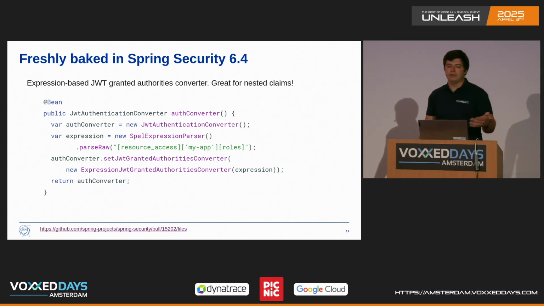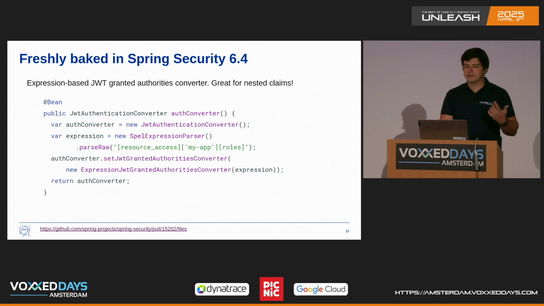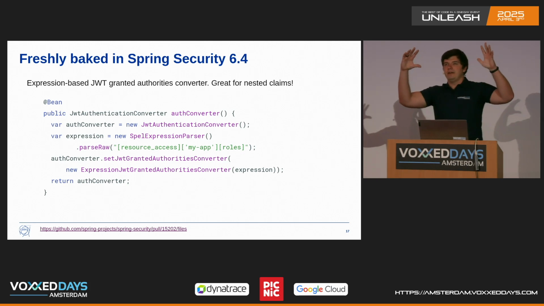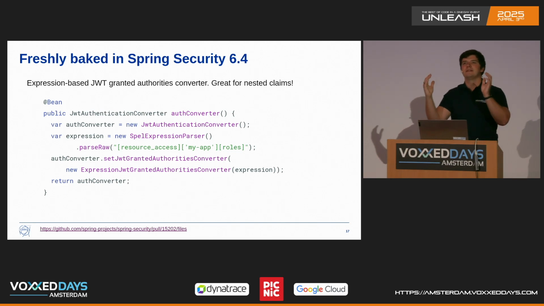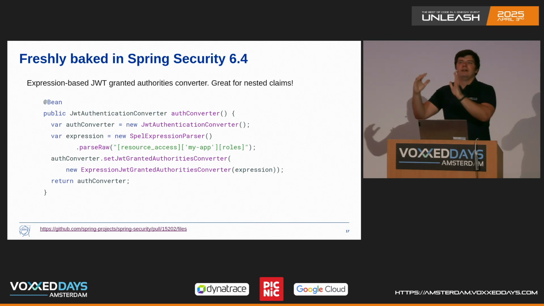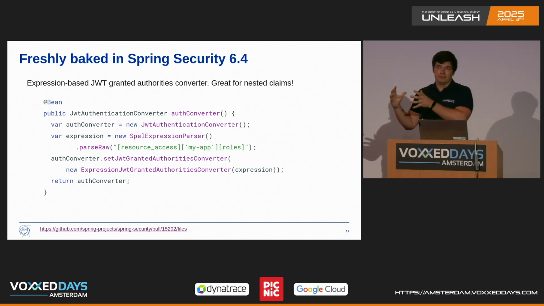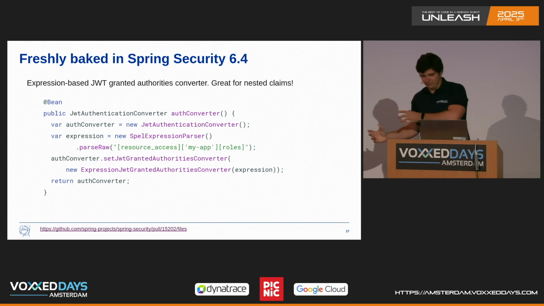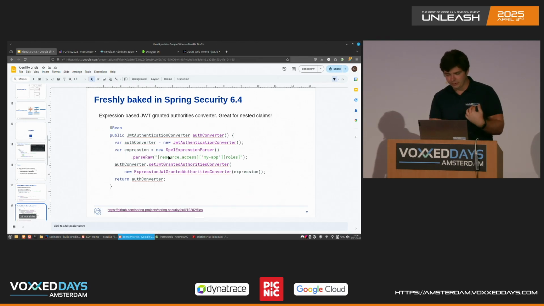And you create a new one. And as the authorities converter, you actually use a SpEL expression parser saying, inside my object, I want to access resource access inside it. This is the notation basically to say access inside the map something. Access for my app, because this is the application that I'm actually running right now, the roles. And then I just set the converter and return it to be able to use it in my code further on.